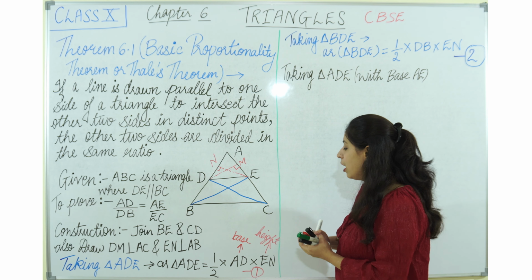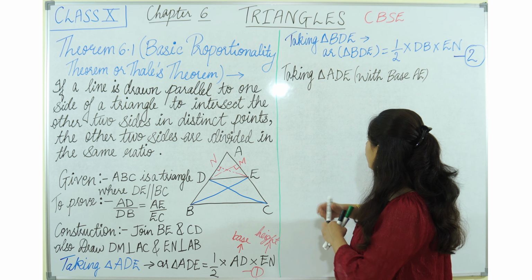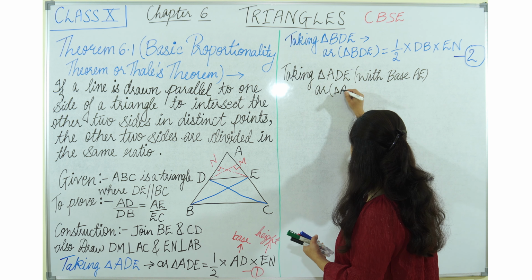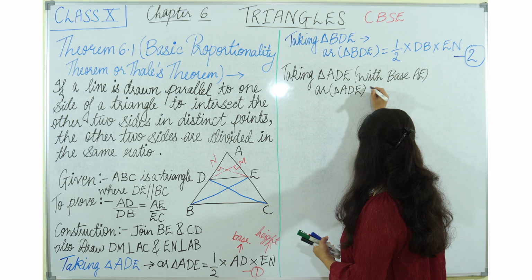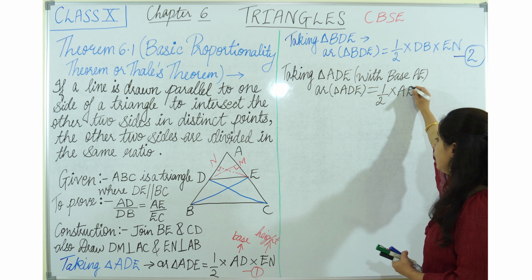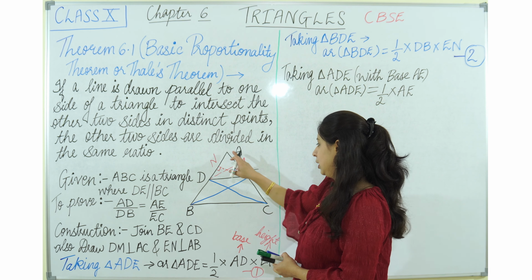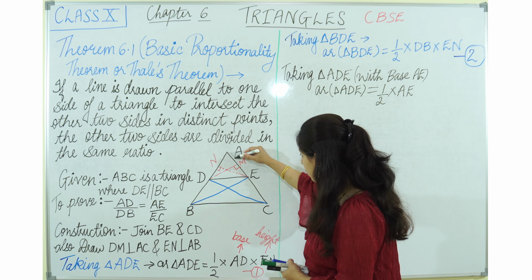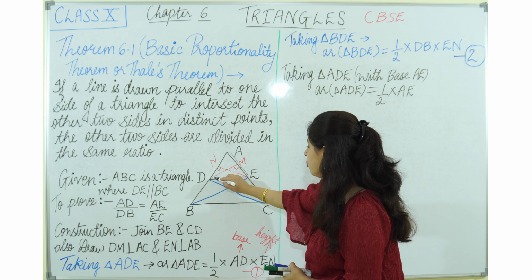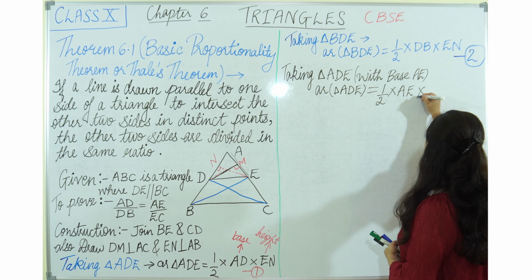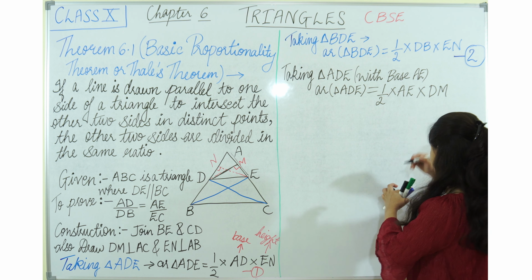Now the area of the triangle ADE will be equal to half base into height. So base we are taking as AE and the height will be DM, in this case it will be DM. Base will be AE, and the height will be DM, into DM.